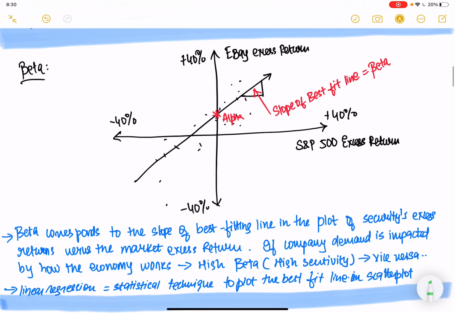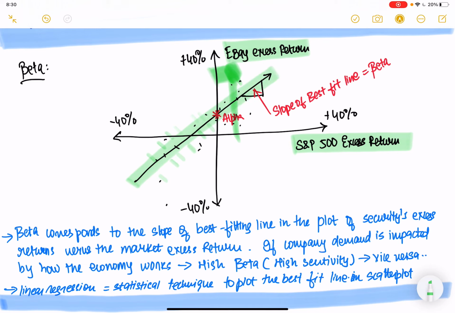To quickly recap beta, if you were to plot S&P 500 excess returns on the x-axis and eBay returns on the y-axis, and eBay were to return higher, then you will have a plot somewhere here versus S&P 500 lower. So if you were to plot when eBay performed better compared to the S&P 500, you'll get a scatter plot. And if you do a linear regression, which is basically a statistical technique to plot the best fit line, you'll get a line like this.